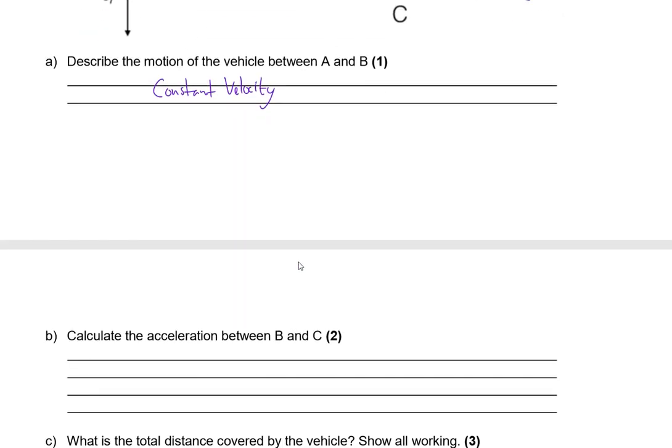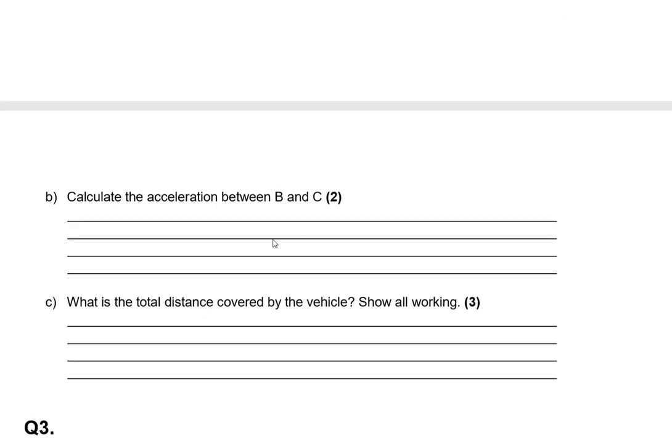Now move on to acceleration. How can we get acceleration? Acceleration is the gradient of the line, so it's going to be change in y over change in x. You can also use the equation for acceleration, which is final velocity take away initial velocity, divided by time.